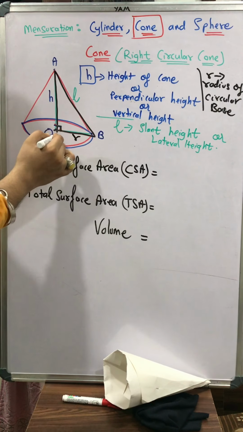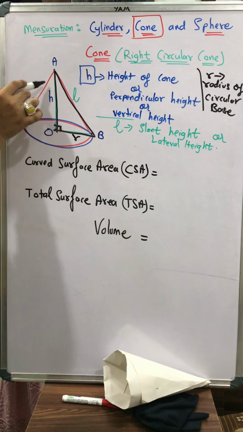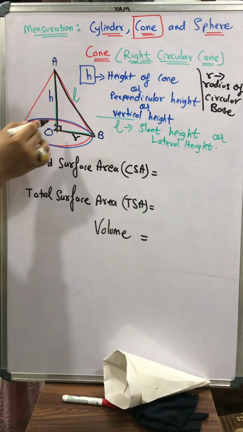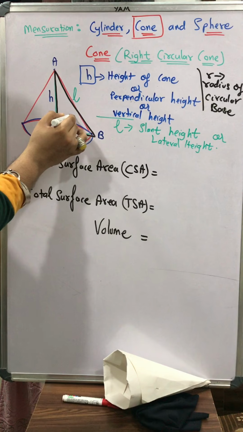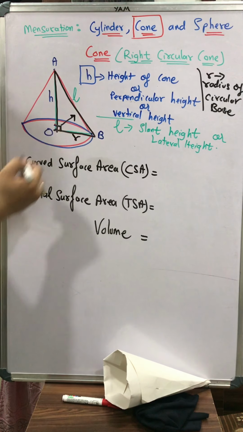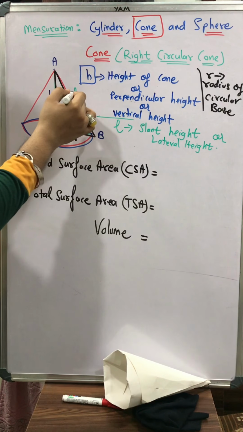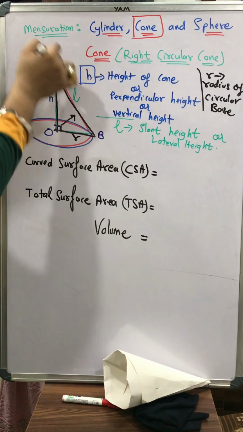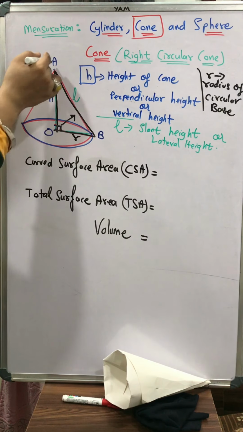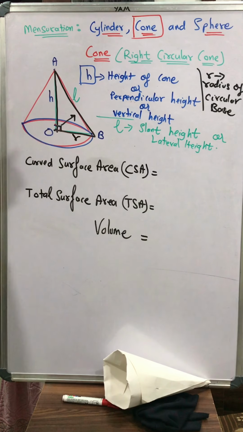This is 90 degrees, between this h and radius r. So the side opposite to 90 degrees is always called the hypotenuse. Agreed? Here in our case this small l is like the hypotenuse. So AB is the hypotenuse, AO is one side, BO is the other side.